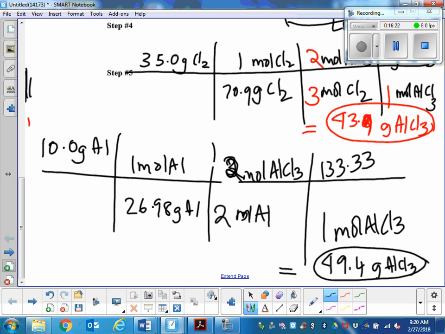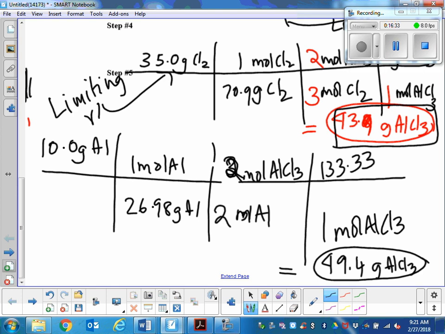So you can decide the lesser will be the amount of product formed, and whichever reactant makes lesser of the product will be your limiting reactant. Do you understand? This is another way to do the problem. Just use the starting grams of both your reactants, solve for the product, whichever comes out less is your limiting reactant. Do you understand how to do a limiting reactant problem?